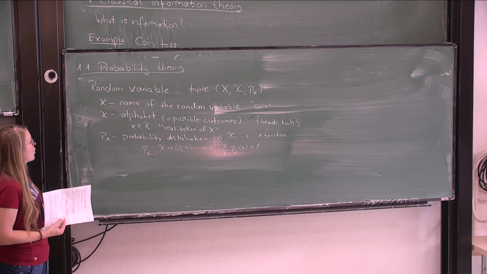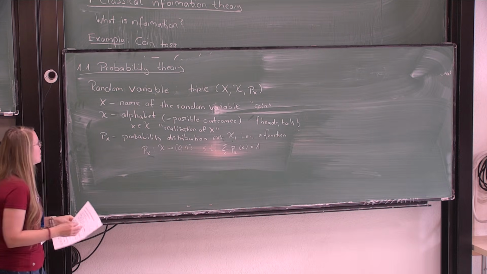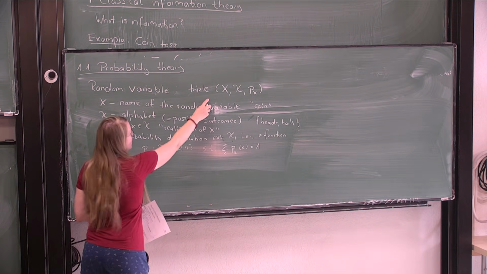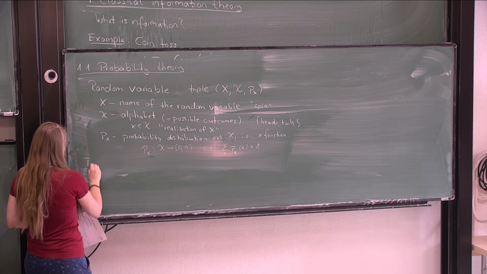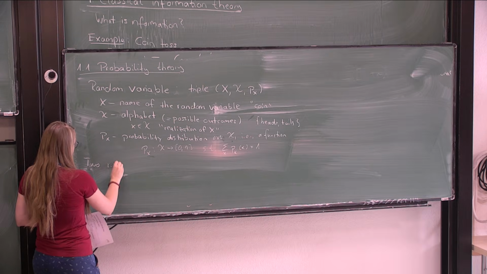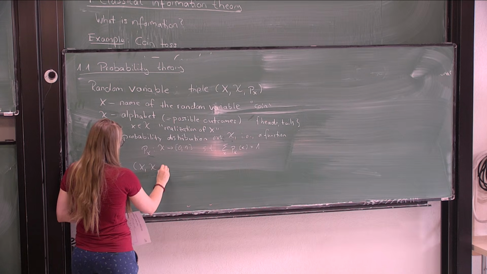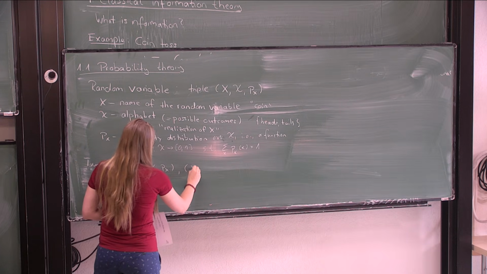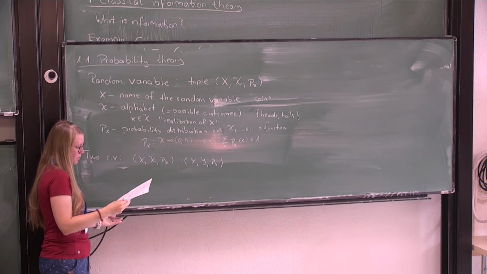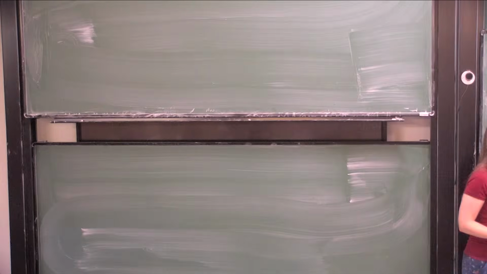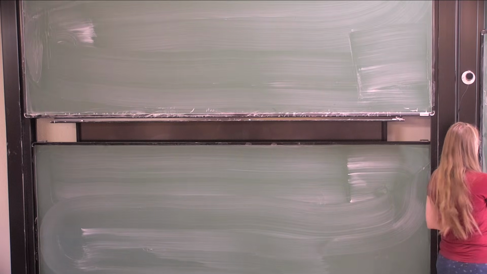And now if I have not just one random variable, but two, for example, two coins that I want to flip, then I just have multiple of these triples that describe the individual elements. So I have two random variables, so I have two triples, say X with P_X and Y with P_Y. And now when I want to talk about them jointly, I can define the joint random variable.